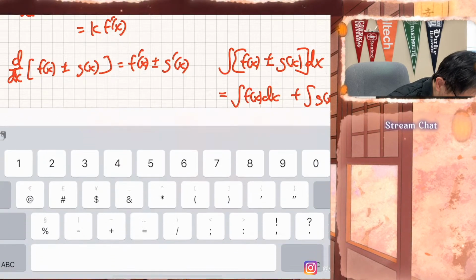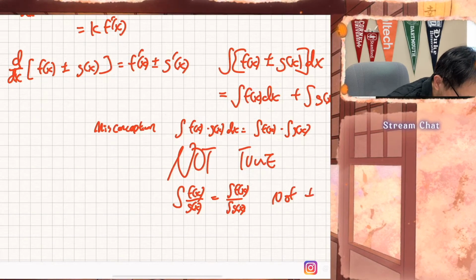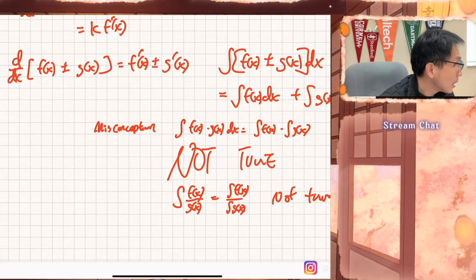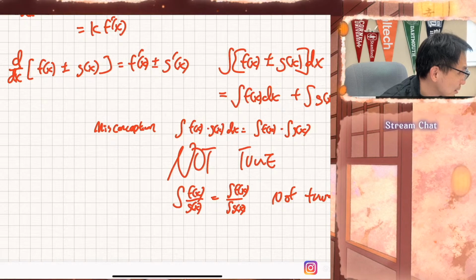Not true. So please do not do it. Only work with addition and subtraction. It does not work with anything else.